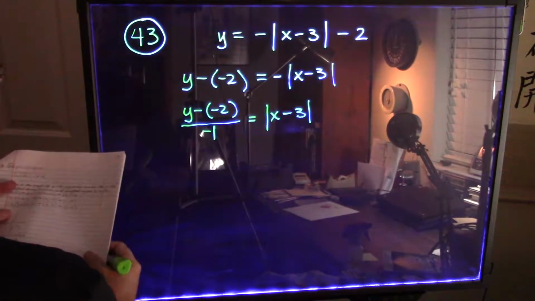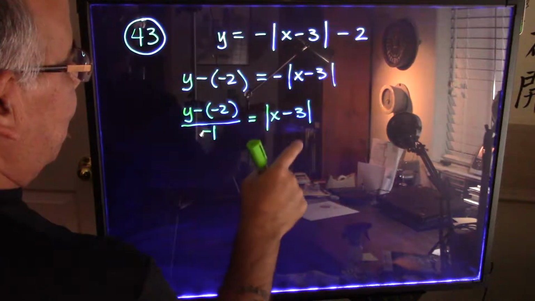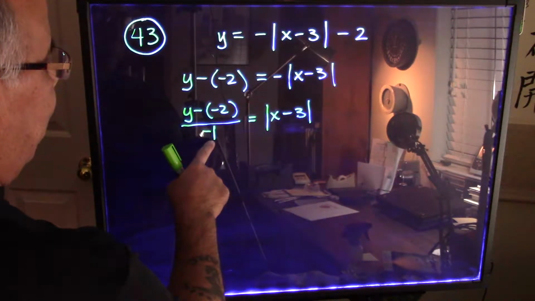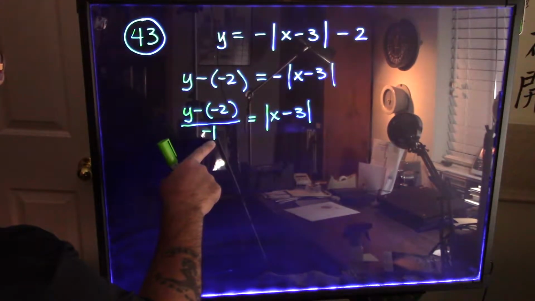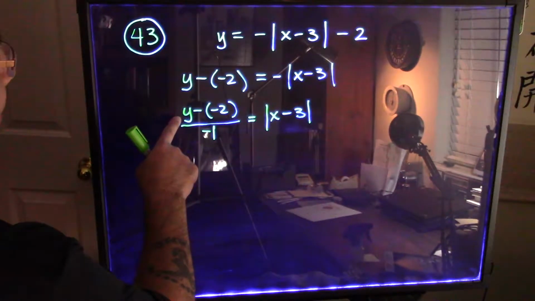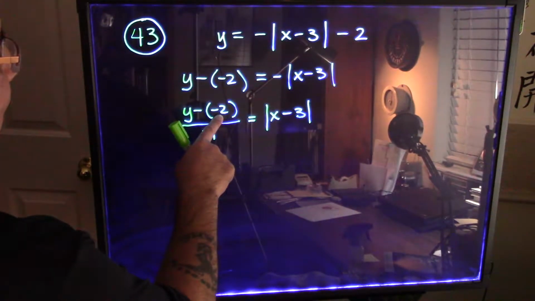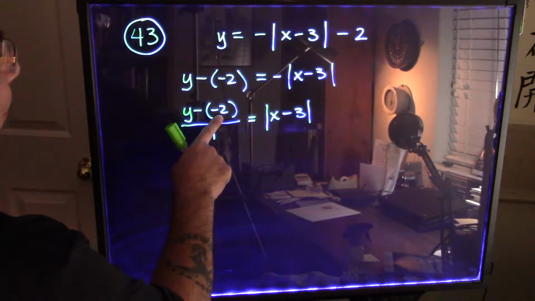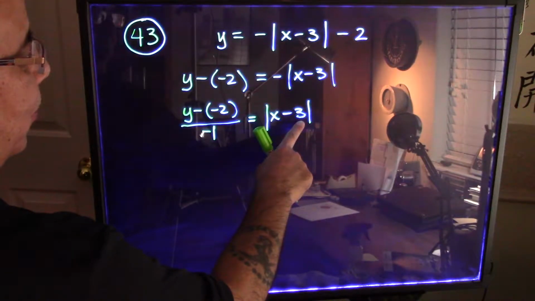Alright, so this is a reflection of the original graph, which is y equals absolute value of x. This is causing a reflection across the x-axis, or in the same direction as the y-axis, since it's under the y here. This is causing a shift down 2 units, and this is causing a shift to the right 3 units.